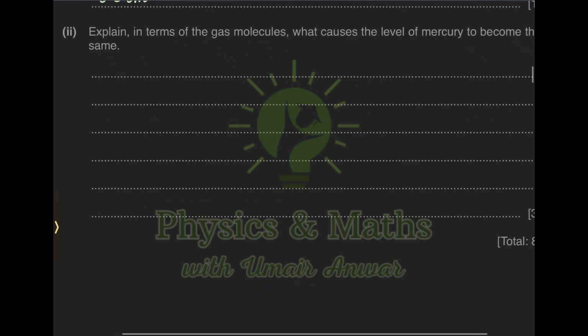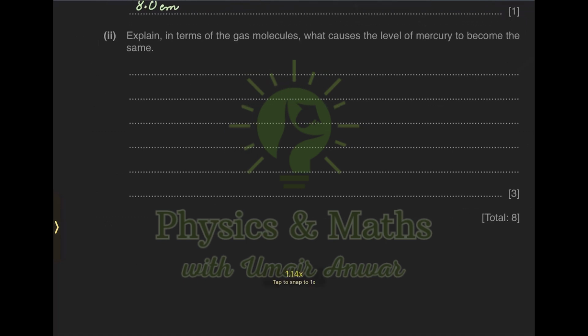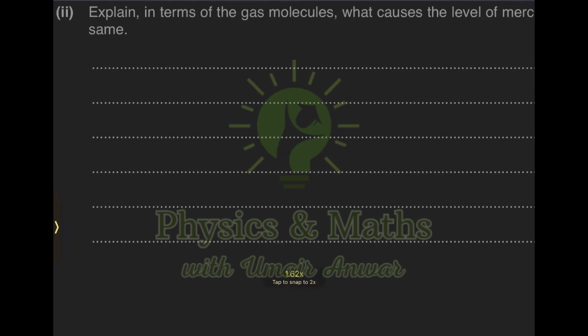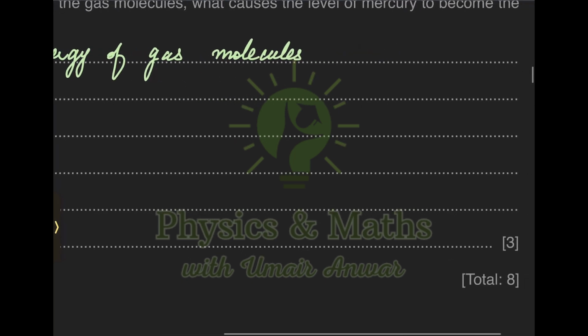Now the last part says, explain in terms of the gas molecules what causes the level of the mercury to become the same. It is a 3-mark answer. So first of all, we have heated the gas particles. Because of that, I'm writing, kinetic energy of gas molecules increases.